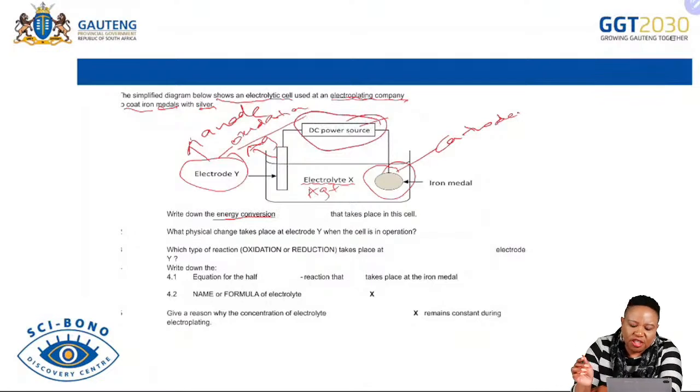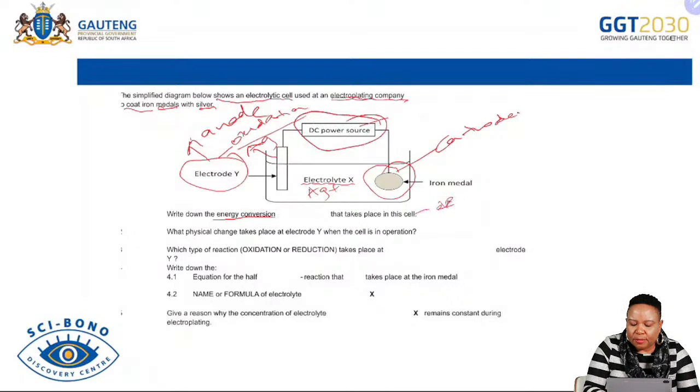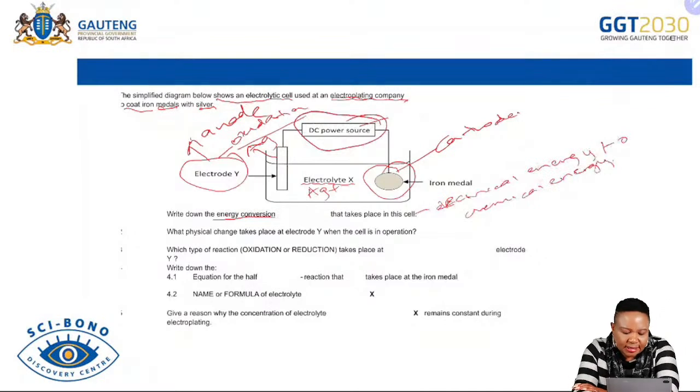So the energy conversion, we expect electrical energy to be converted to chemical energy. And the reason is because we are having our power source as evidence that this is an electrolytic cell.